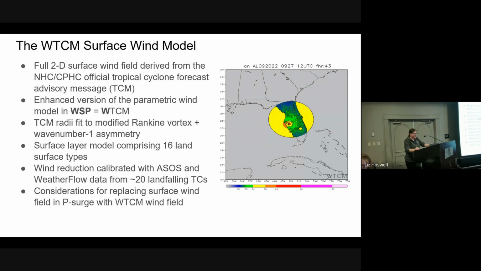So this has been calibrated using ASOS stations and WeatherFlow data over landfalling storms over the last several years. And again, getting back to the consistency, it's also being evaluated for being used within P-Surge so that you can actually have consistent wind forecasts and surge forecasts based off of that wind structure.